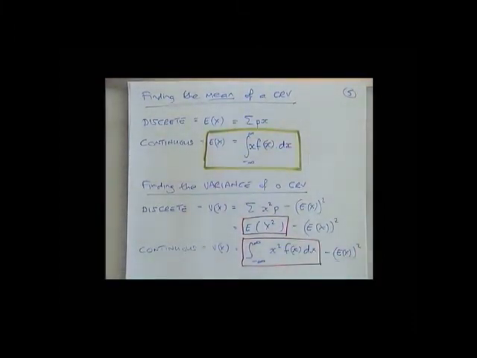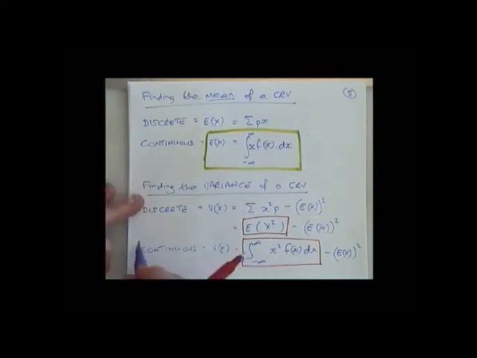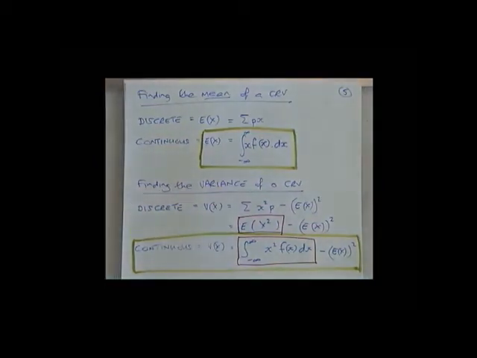So what is in here is your formula for finding the variance for a continuous random variable. The red bit I will refer to as the expectation of x squared sometimes, so you do need to know that bit there as well. And it matches up perfectly with the discrete version that we had.